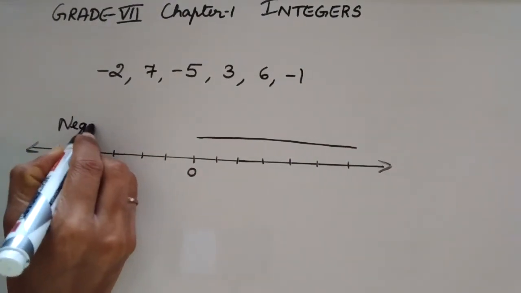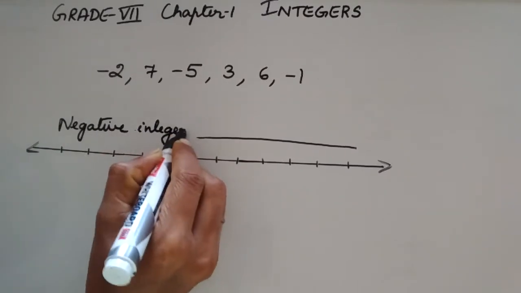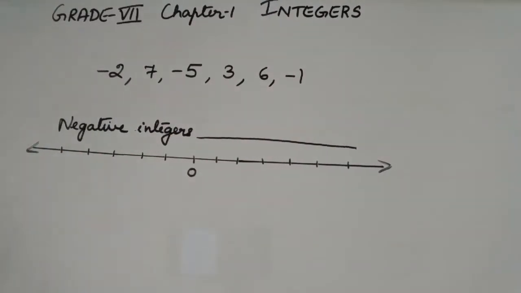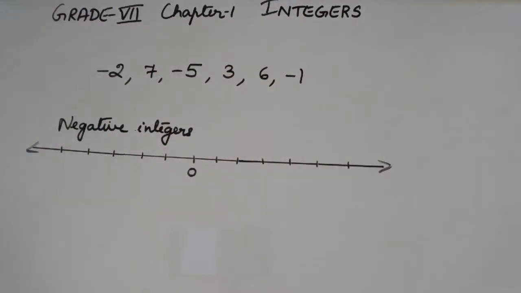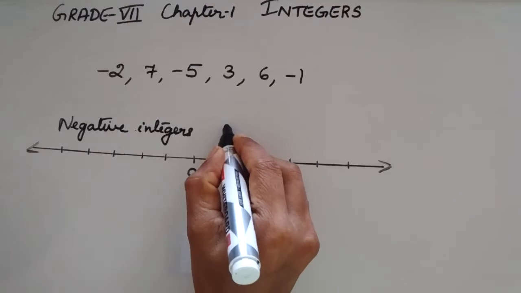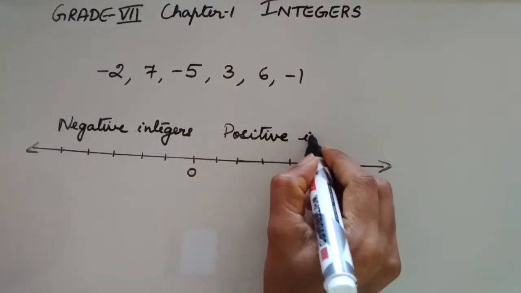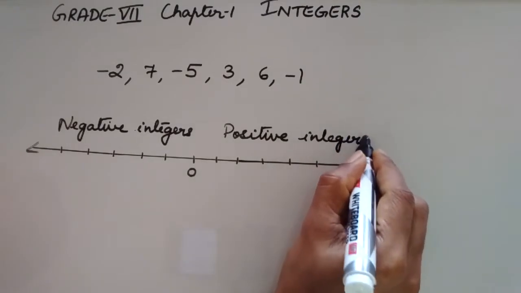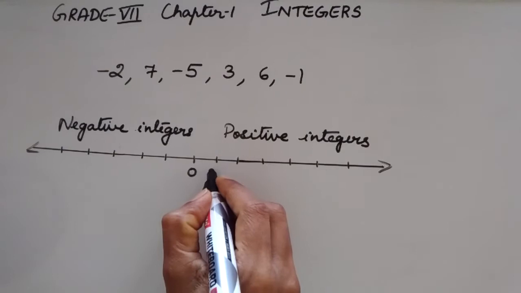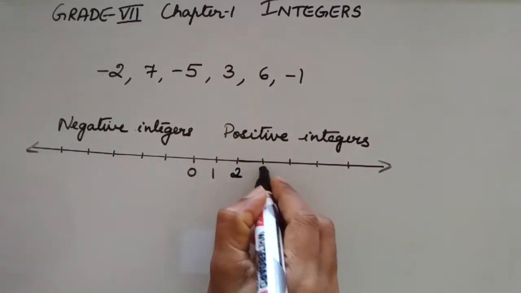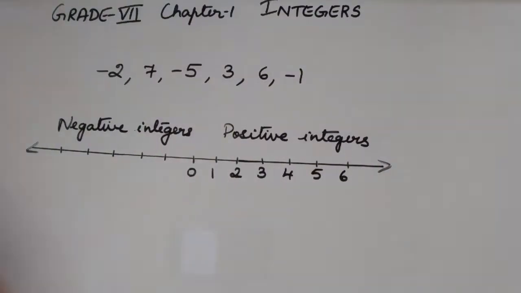They are called the negative integers. And then here to the right we have the positive integers. Positive integers are 1, 2, 3, 4, 5, 6 and so on.